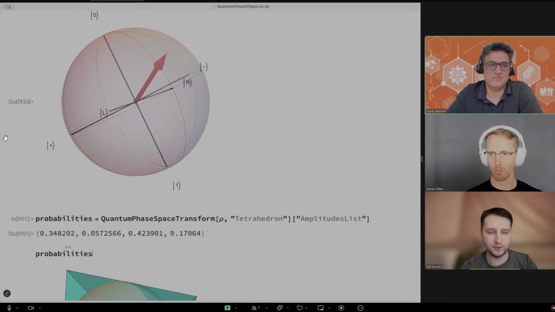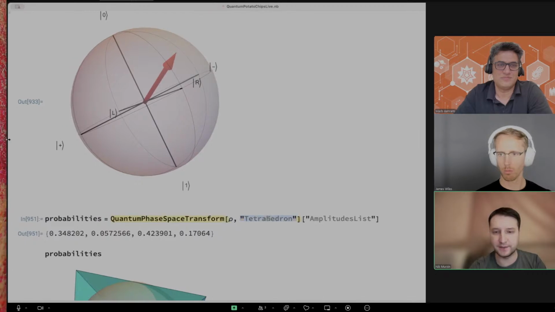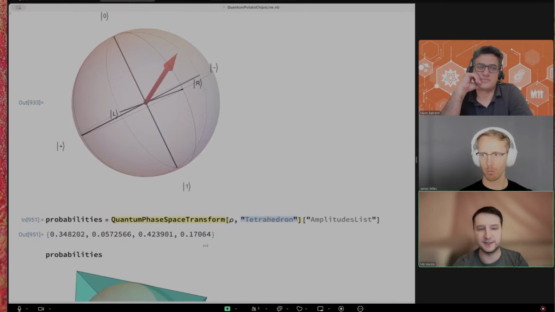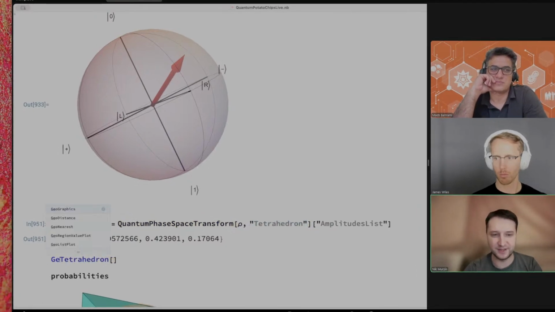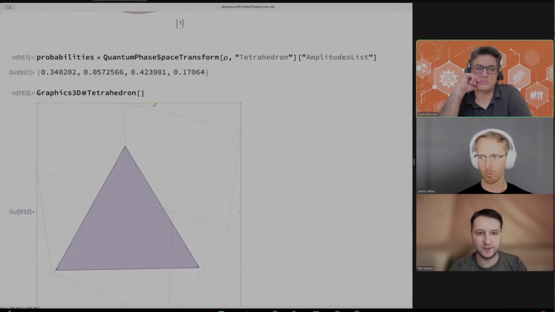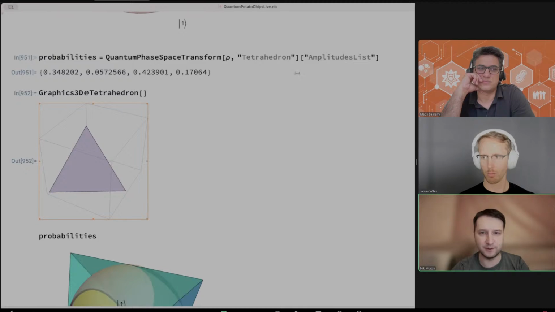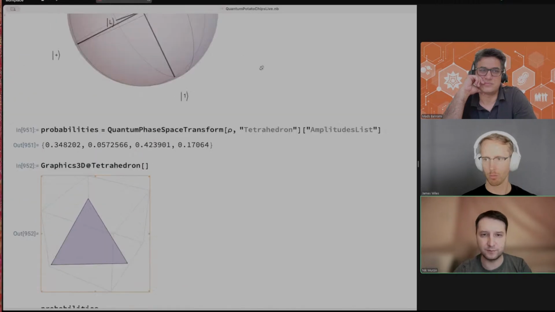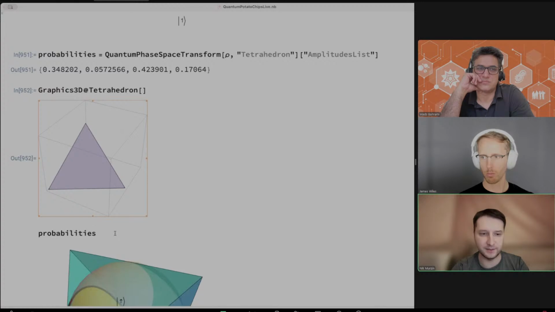The probabilities come from another special basis, which we call the tetrahedron, because it has a nice correspondence to an actual tetrahedron as a geometric object. The vertices correspond exactly to basis elements of that particular basis in phase space.